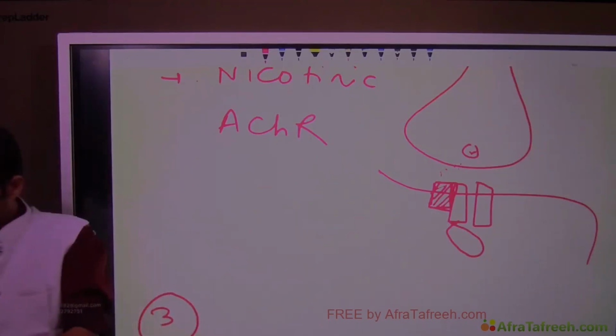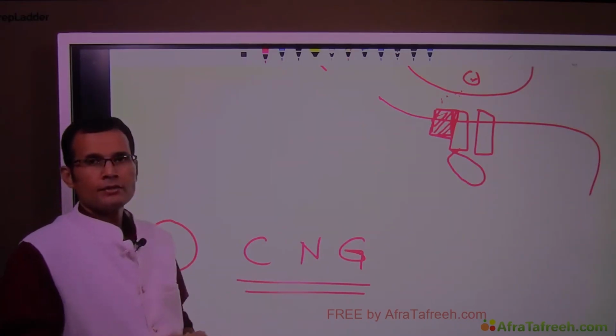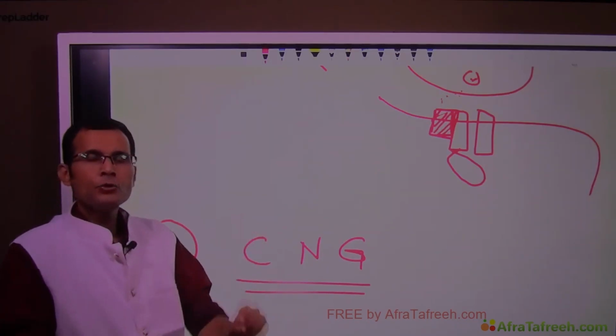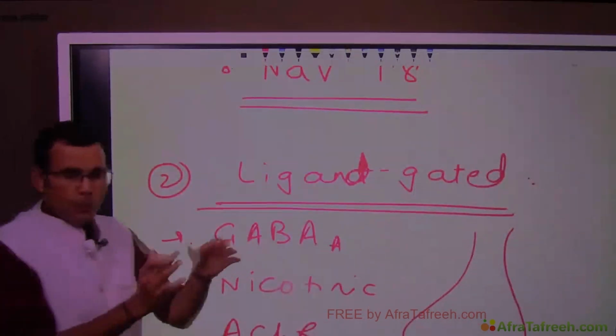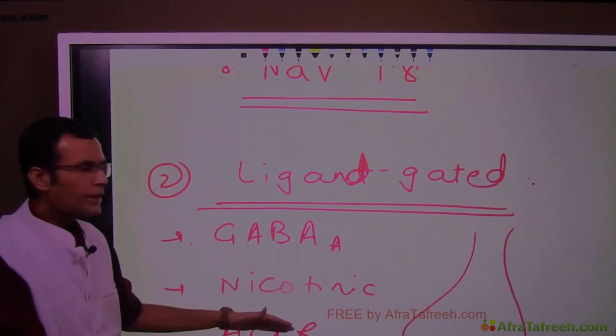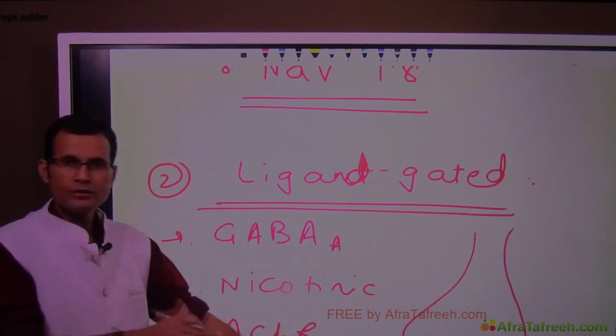Those are called cyclic nucleotide gated channels. So just to compare nicotinic receptor versus muscarinic, which we will see just now, the CNG.